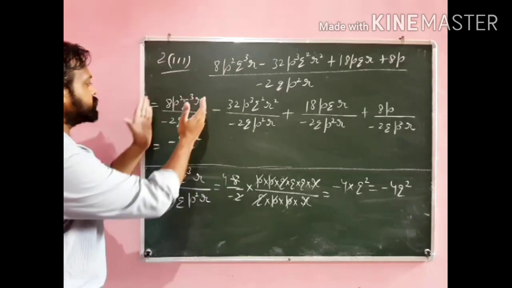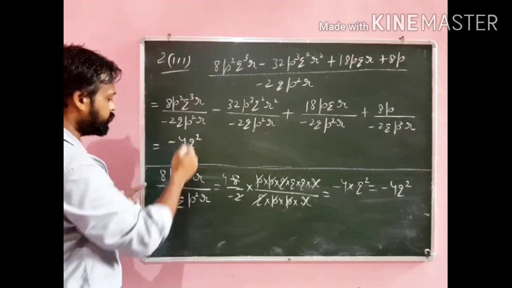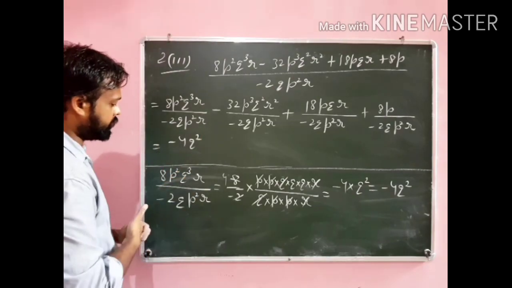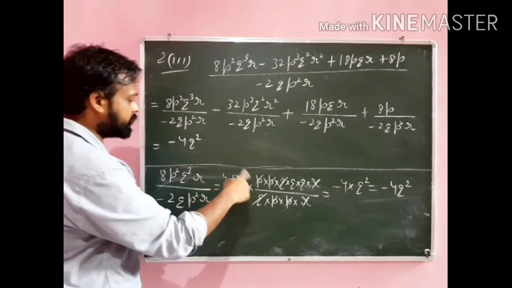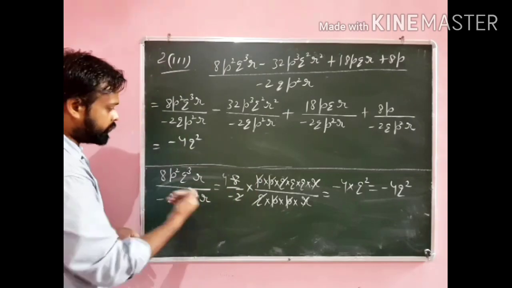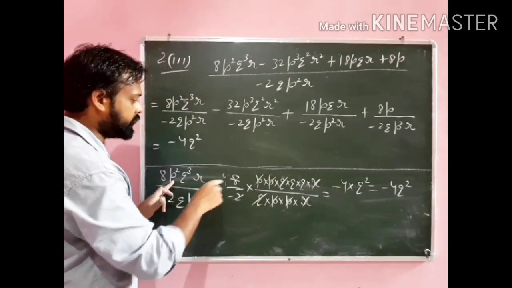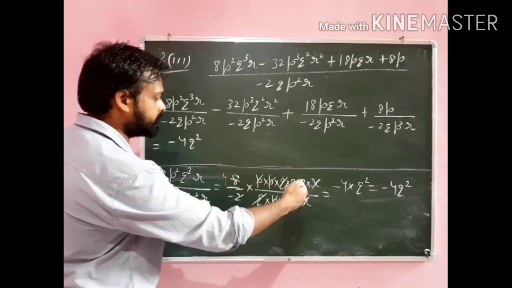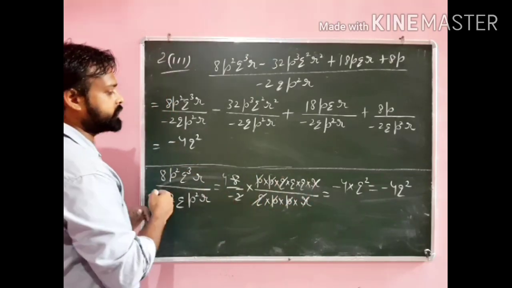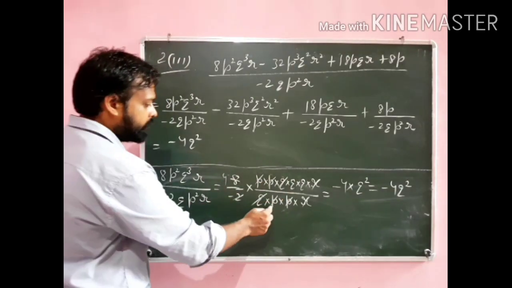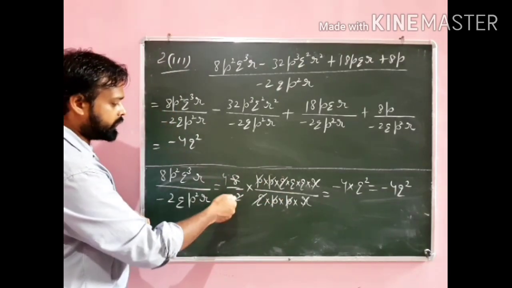Take this term, 8p square q cube into r over minus 2q p square into r. Then again separate the numerical terms, 8 by minus 2, and the variable terms. p square means p multiplied by p, q cube means q multiplied by q multiplied by q, and r. In the denominator it is q into p into r.